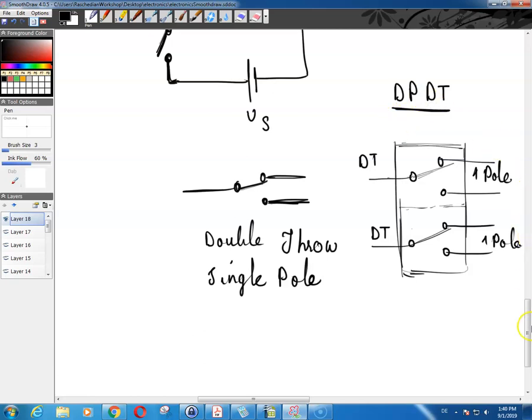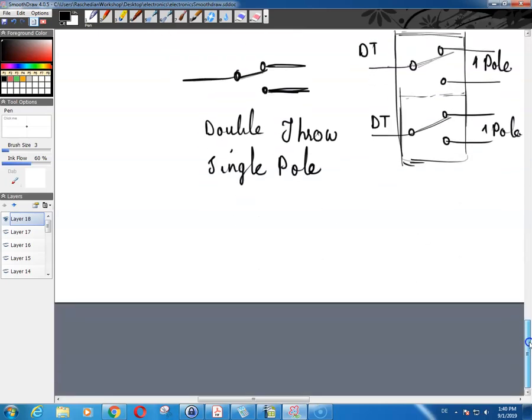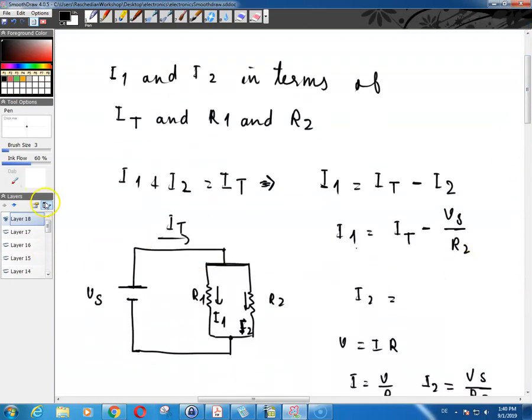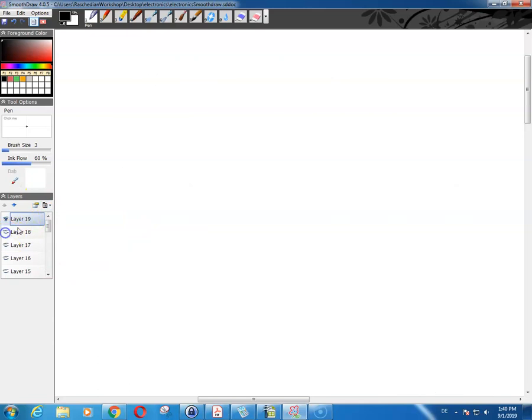And there is some information about these switches that we can talk about, and that is a closed or on switch has the total circuit current flowing through it.